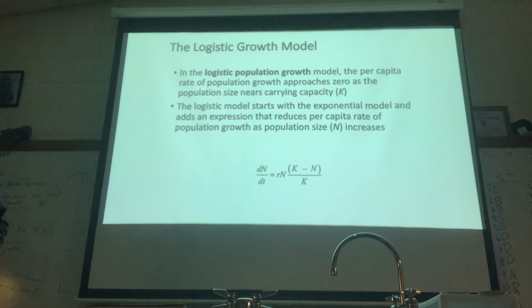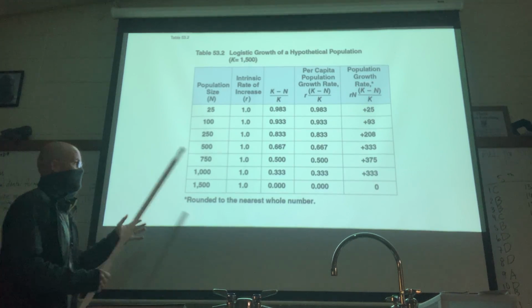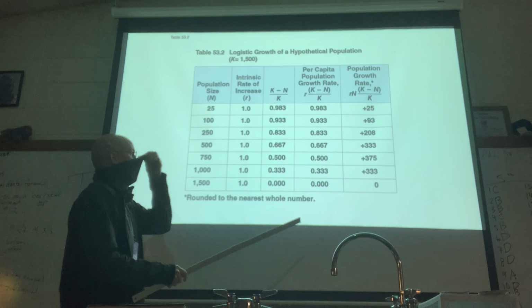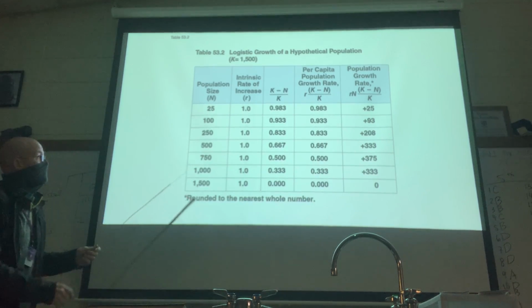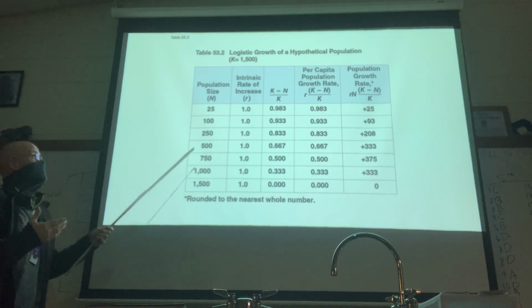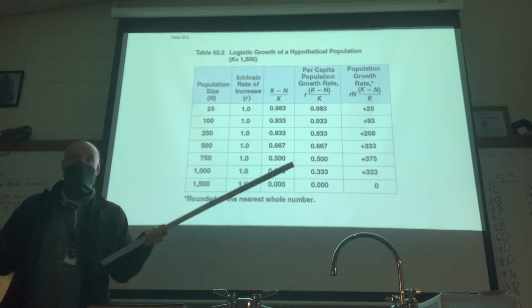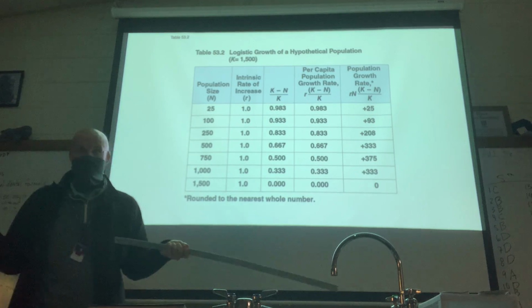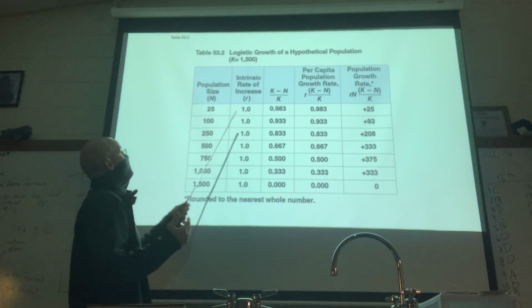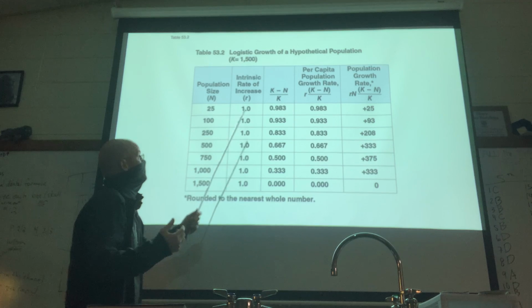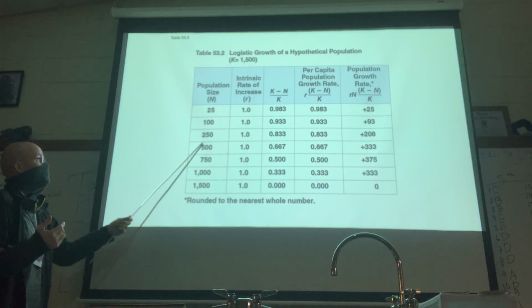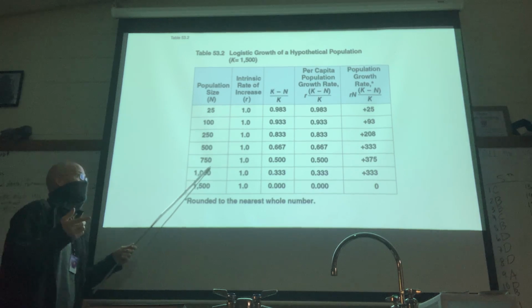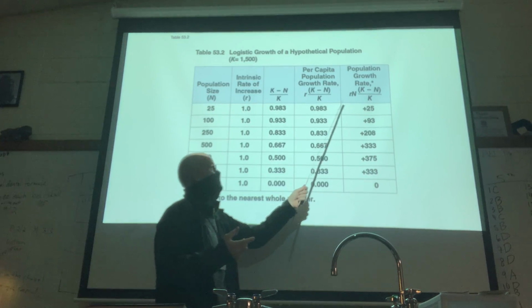And what we find, and I threw this chart in here, and I know there's a ton of numbers on it, but really I just want you to look at the trend right here at the end. In this case, we are assuming a carrying capacity of 1,500. Okay, so that's our carrying capacity. K is 1,500.